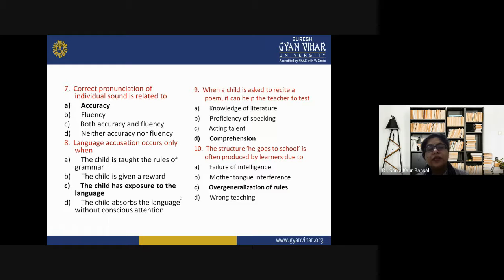Now, students, he goes to school is often produced by learners due to overgeneralization of rules. Whatever rules the child has learned, he is all the time overgeneralizing them, which is also not good.